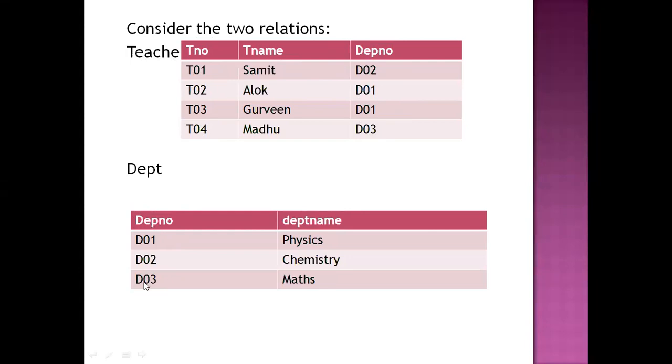So for example, T number is a primary key, and then T name and department number. In the department table, the department number's value is derived from the teacher table, and department name is there. So these tables are in a relation. It is called Cartesian product. Both tables which have a relation to each other are called Cartesian product.